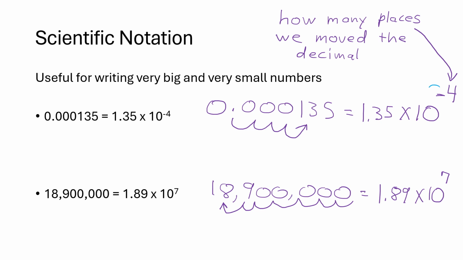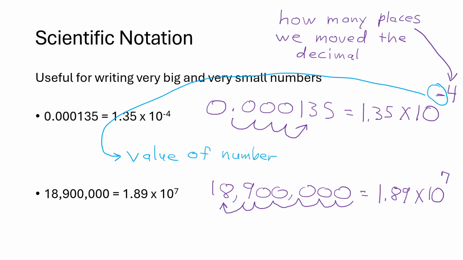The sign tells us the value of the number is less than 1. Right, it's because that's what a negative exponent means.